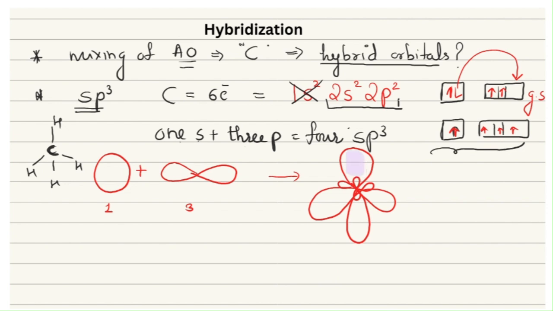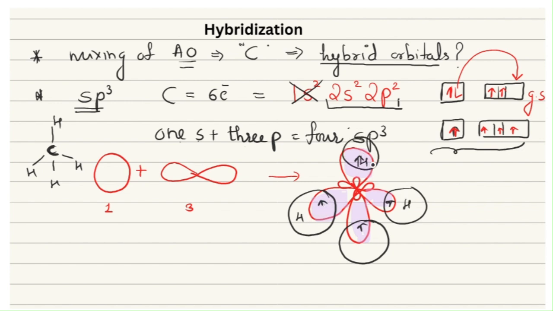So this is where you see the probability of finding electron will be maximum. That means what? You see the electron is present here and then it is going to share with the incoming hydrogen atom like this. Since it is head-on overlap, what we are going to get here is a sigma bond.